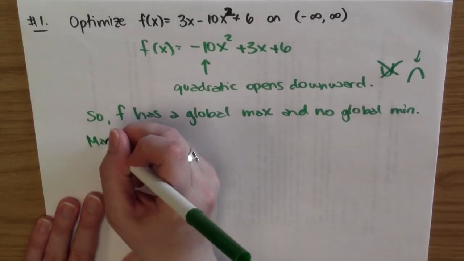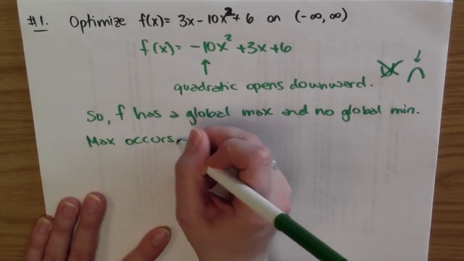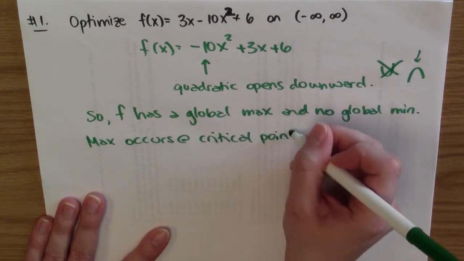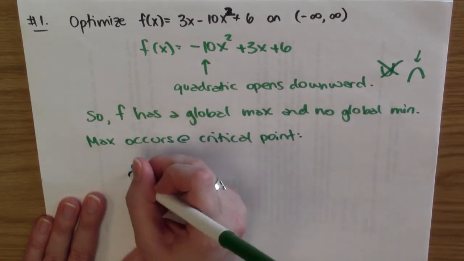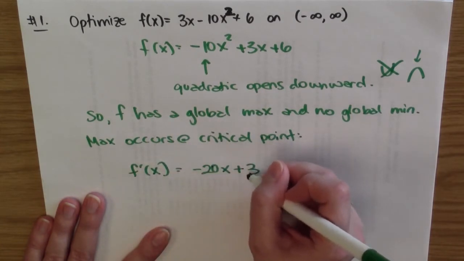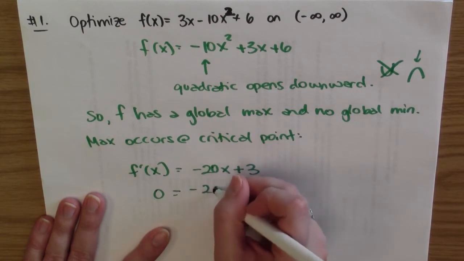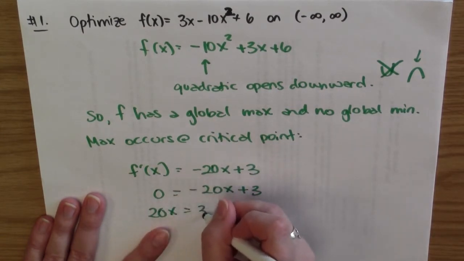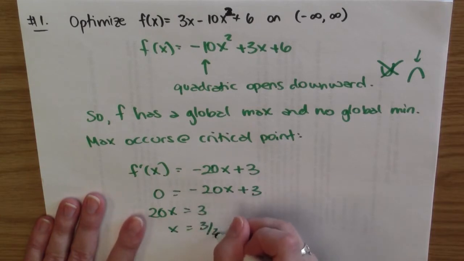Well, the maximum occurs at the critical point, which we can find by taking the derivative. f prime of x is equal to negative 20x plus 3. So setting this equal to 0, negative 20x plus 3, I get 20x equals 3, or x equals 3 over 20.